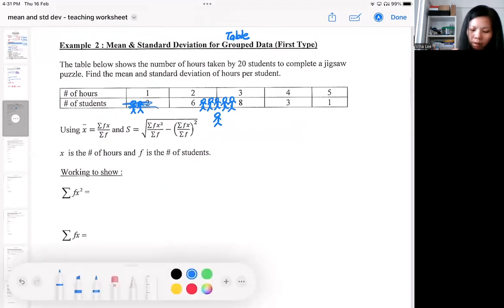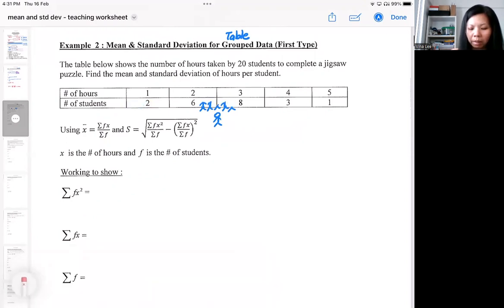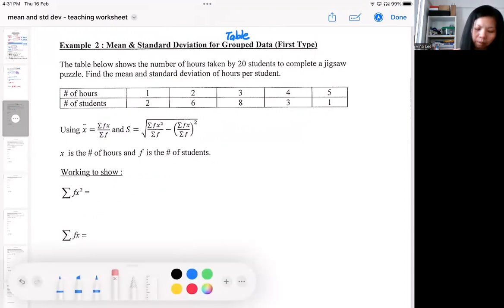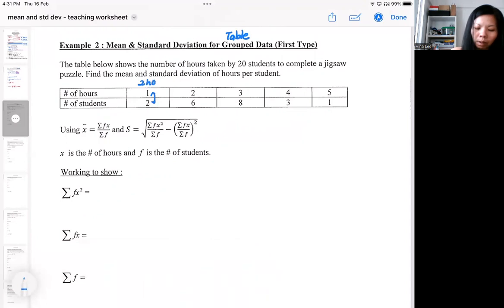If you're going to calculate the mean, you actually multiply first, because when you multiply, you get the total hours. When you multiply, you get 12 hours. So in fact, when you do the calculation, you get the total number of hours divided by the total number of students, which is exactly the same as this formula.